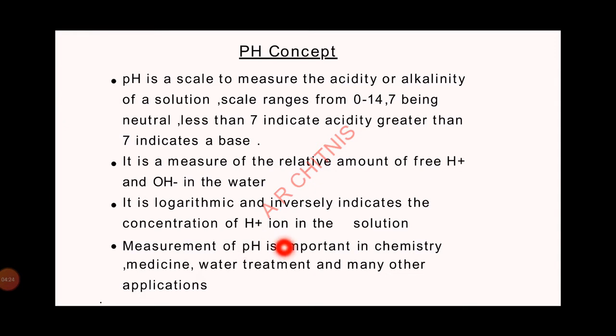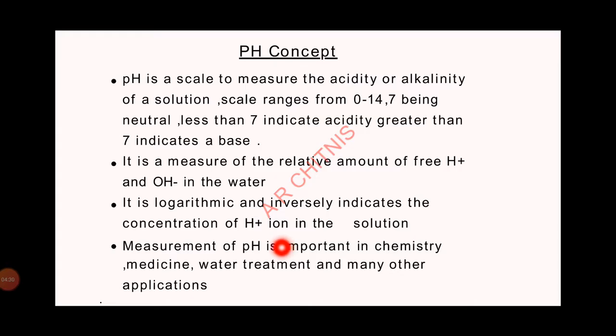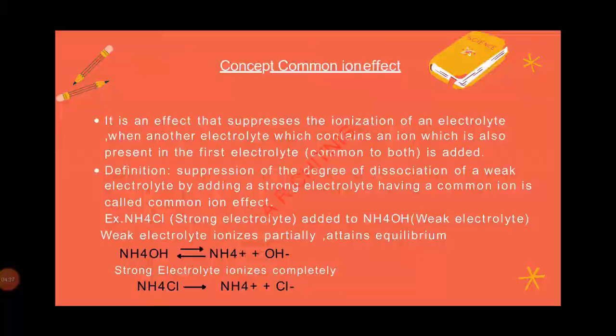Similarly in medicine, all the reactions taking place in the body occur at definite pH. If there is a slight change in the pH, the reactions may not take place. Then in water treatment, the water discharged from industrial effluents has to be of appropriate pH before discharging into the water bodies, and many other applications.